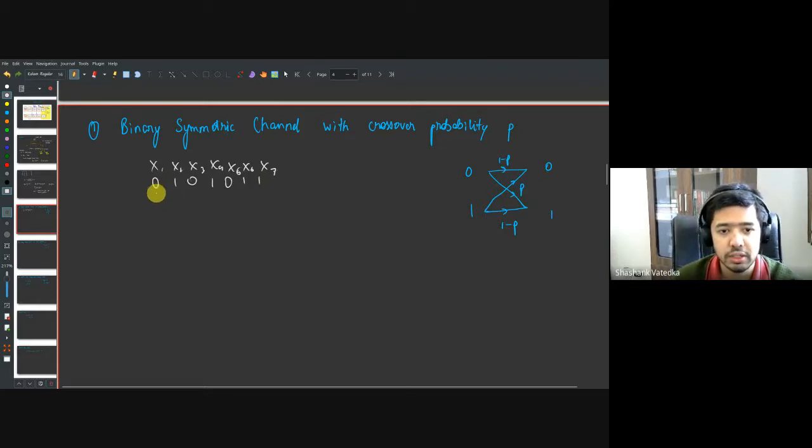So basically you do the following. For each of these input bits, you toss a biased coin. If it is a head, then you flip it, you convert a 0 to a 1. If it is a tail, then you leave it as it is.